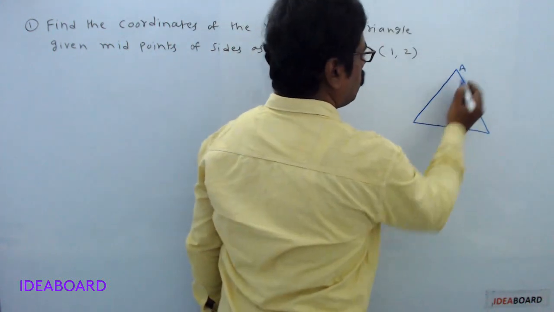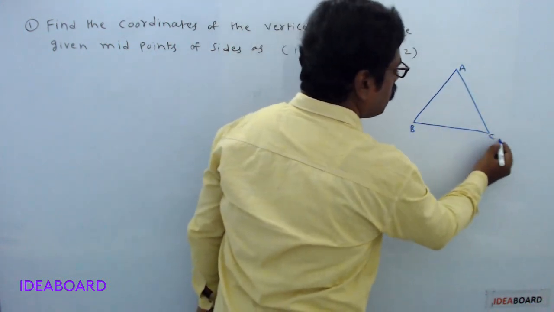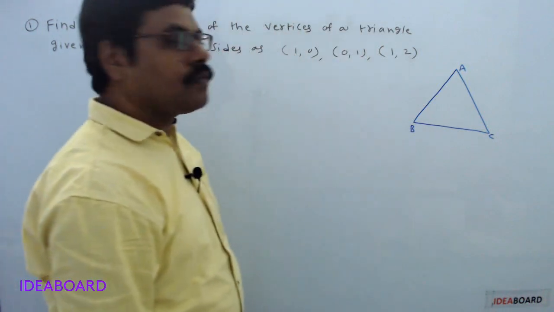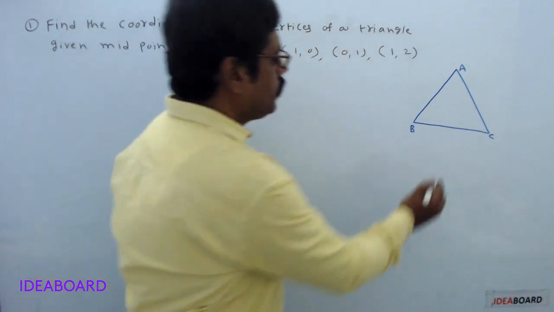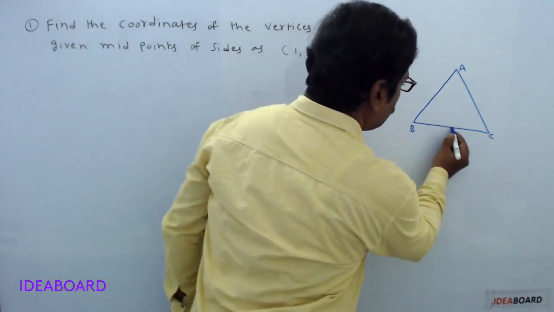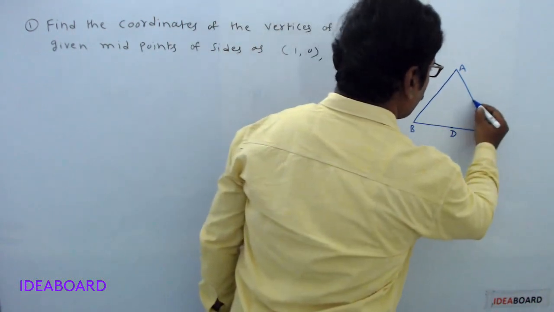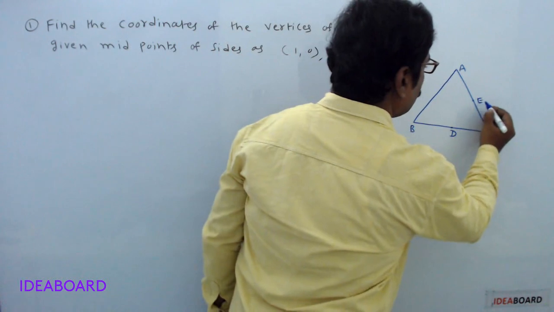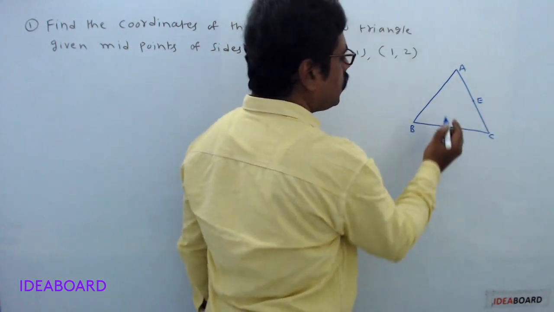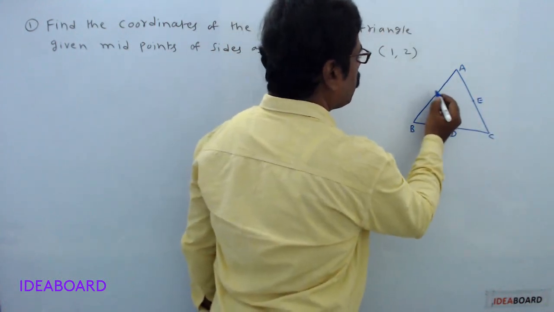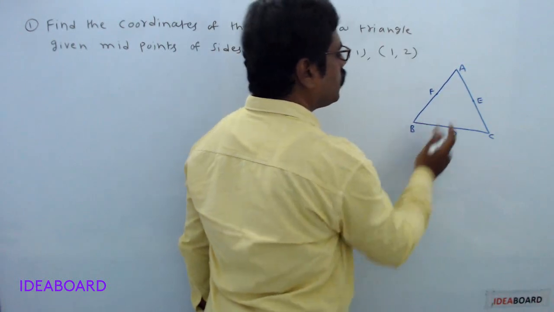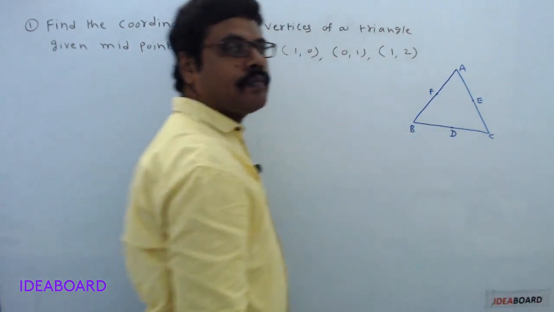Suppose A, B, C are the vertices of a triangle. Let D be the midpoint of side BC. Let E be the midpoint of side AC. Let F be the midpoint of side AB.